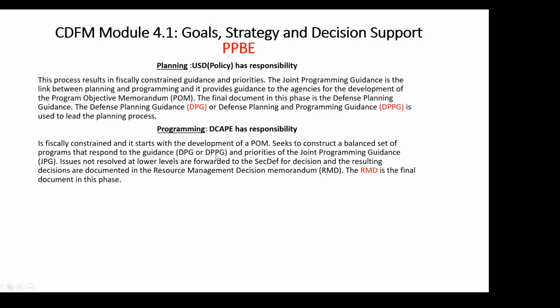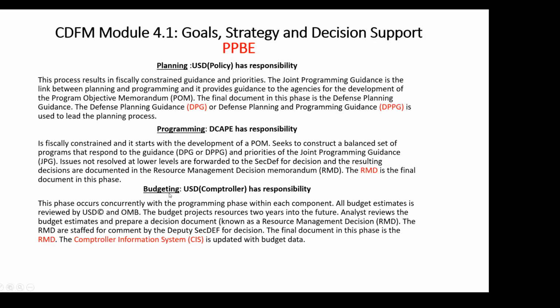We don't have everything that's required, so we have to prioritize our resources within that fiscally constrained environment. So the joint programming guidance. So issues not resolved at lower levels, of course, they go to the SecDef for decision. The final document that is published in the programming phase is called a Resource Management Decision, the RMD.